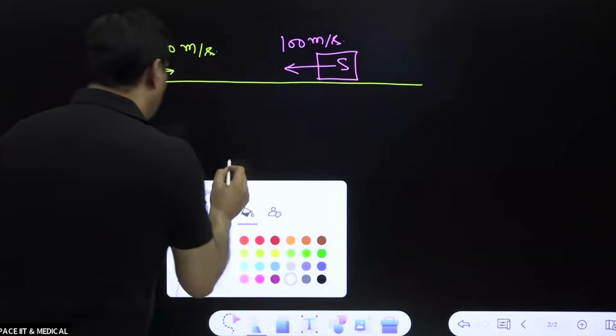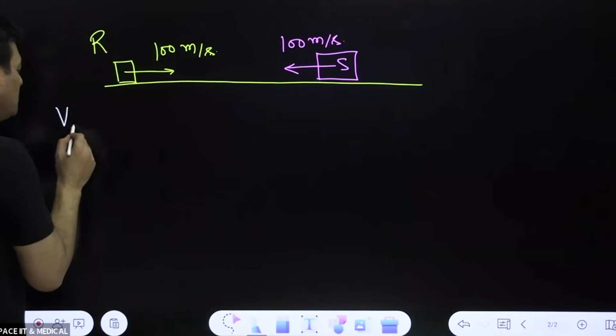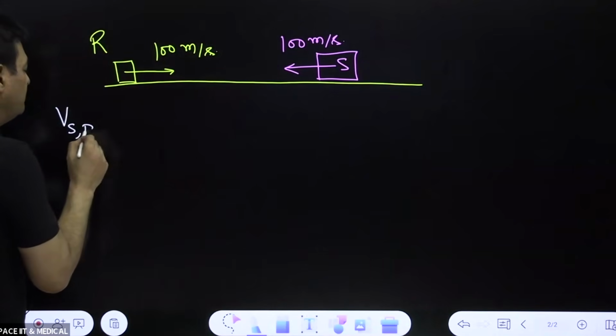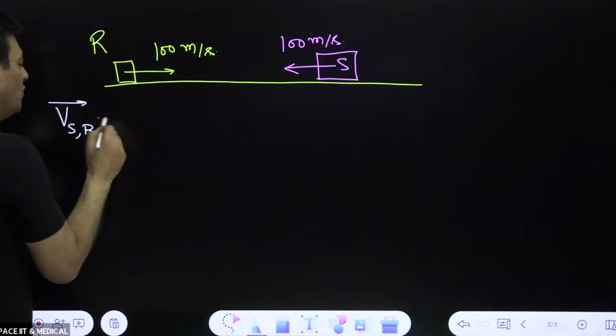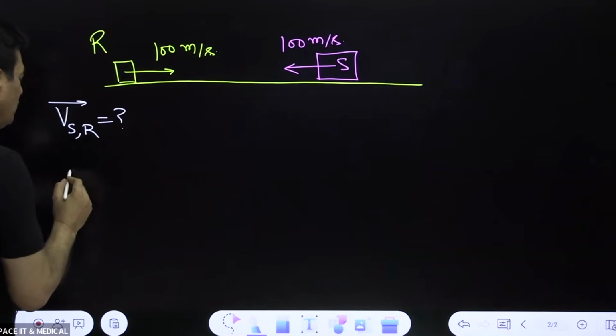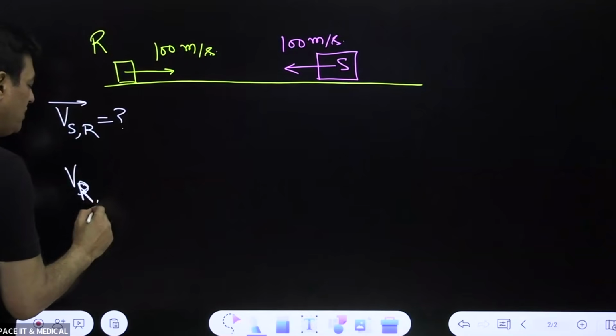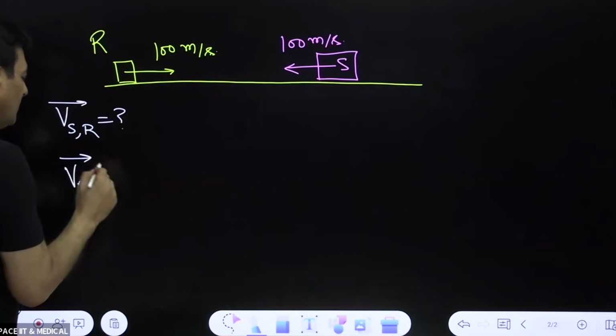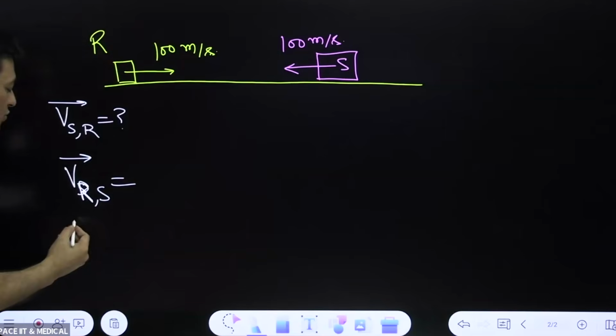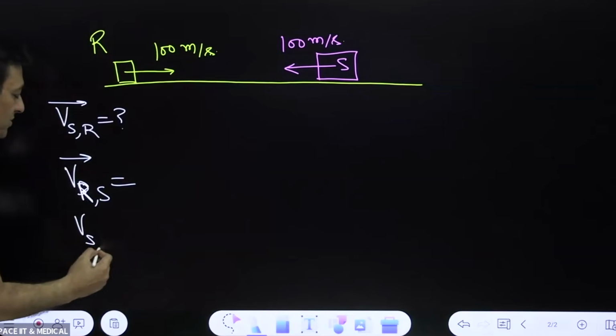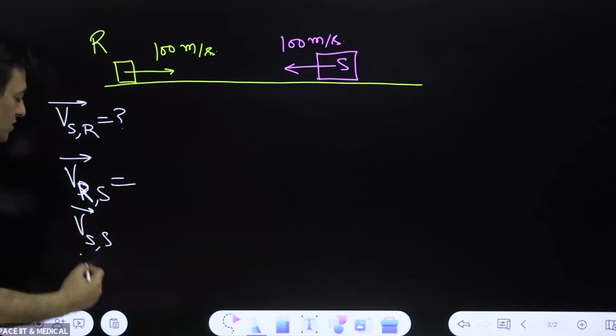We will do three things: velocity of Sham as observed by Ram, is what? Then we'll do velocity of Ram as observed by Sham. And there are two more things I want to do: velocity of Sham as observed by Sham and velocity of Ram as observed by Ram.